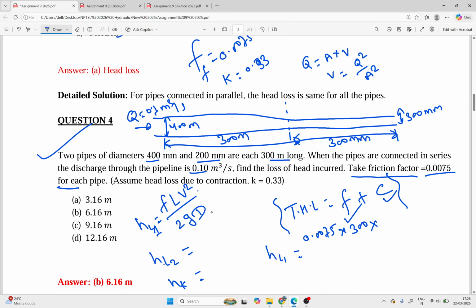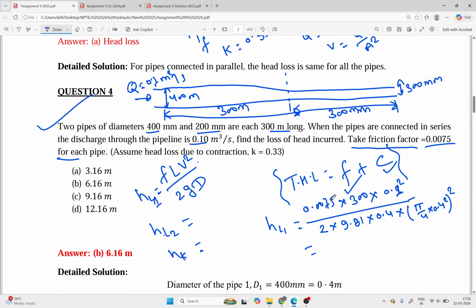So here you need to put Q square, that is 0.1 square, divided by 2 into 9.81 into D. D value is 400, that is 0.4. A square is what? Pi by 4 into 0.4 square, to whole square. So after this calculation, what will we get?